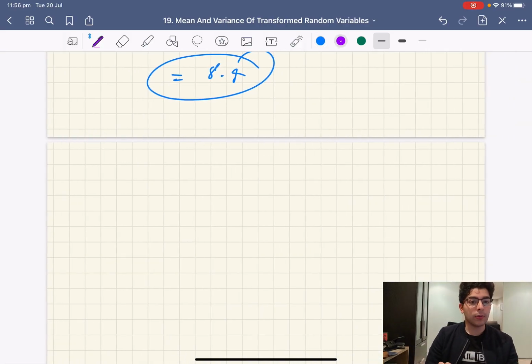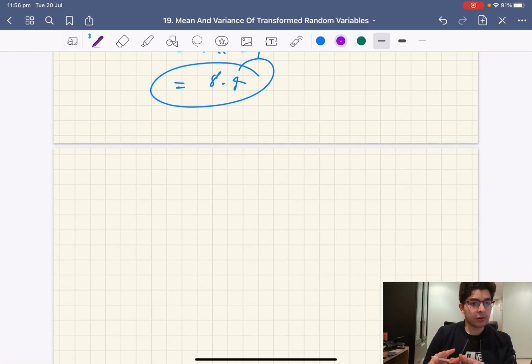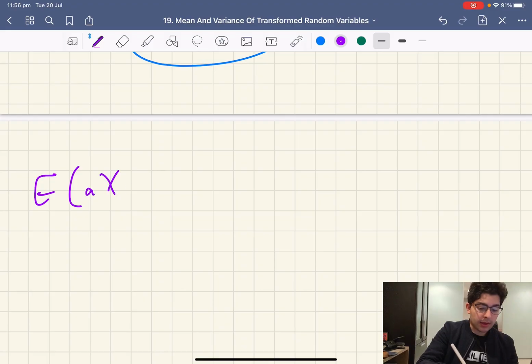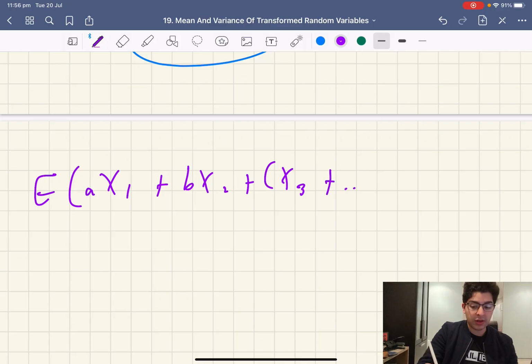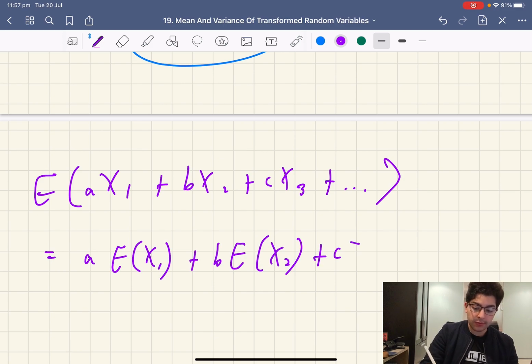Now I'm going to introduce a new formula that's also important. If we had a bunch of different random variables or distributions, E of aX1 plus bX2 plus cX3, plus however many you want, that's the same thing as a times E of X1 plus b times E of X2 plus c times E of X3 plus all of them.